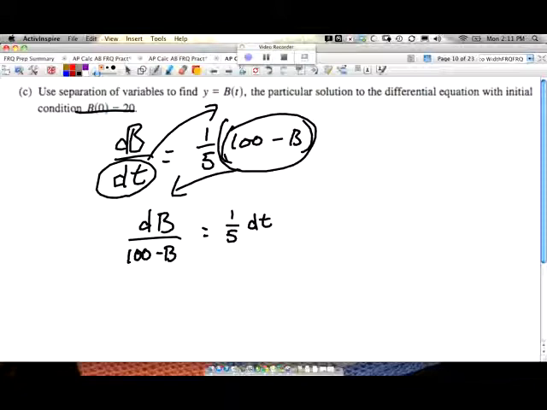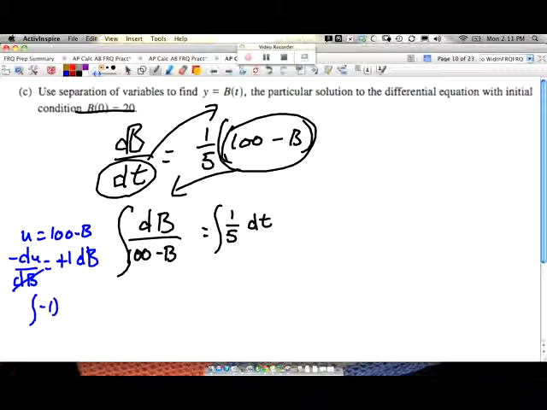Now that we're there, we can take the integral of each side. The one on the left requires a little substitution. If u equals 100 minus b, then du/db is negative 1. So we put a negative 1 in there, and the db goes over here to balance things out. This is the integral of negative 1 times du over u, which is negative 1 times the natural log of the absolute value of u, being 100 minus b.